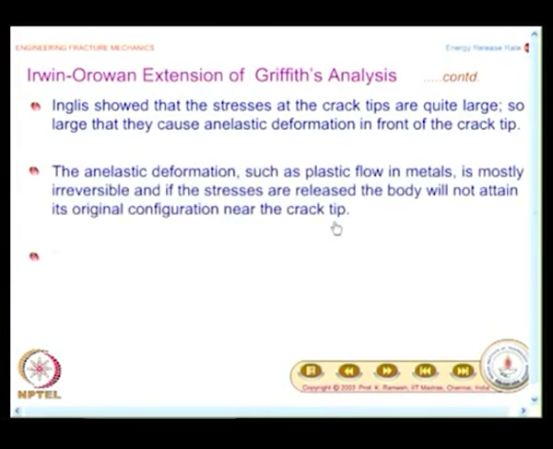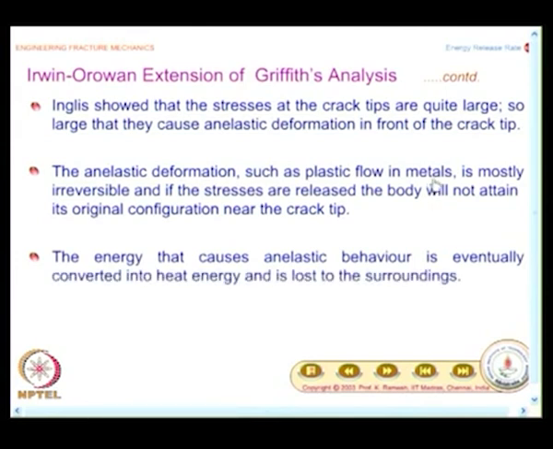And as I mentioned, it is written here that the anelastic deformation is irreversible. So, when the stresses are released, the body will not attain its original configuration near the crack tip. And what happens?